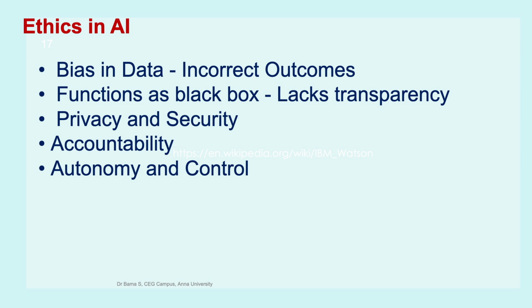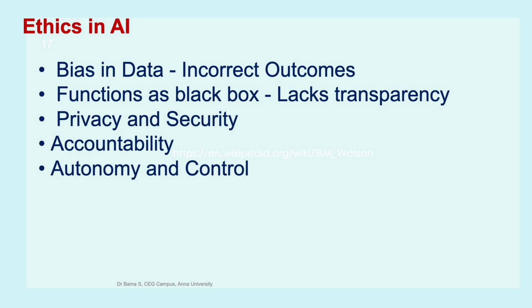The third is privacy and security. Privacy in the sense, suppose AI is generating some image, and we do not know whether it belongs to a certain person or where it belongs, to the AI system itself, and similarly security is an issue. Accountability.